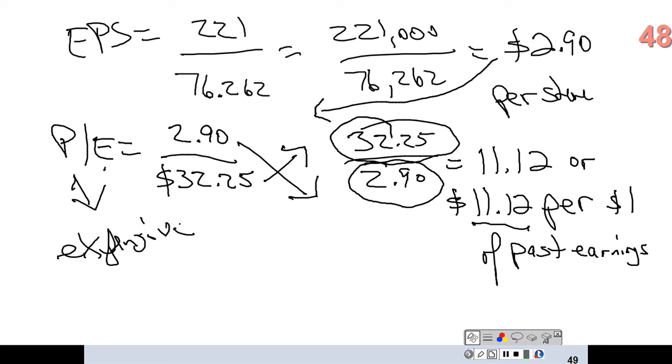But if I take the earnings of this stock, which in this case is $2.90 per share, and I take the market price, and I work through this, I'm finding that I'm paying $11.12 per $1 of past earnings. Now, this really depends on the market and what's happening, but typically, if the PE ratio is less than or equal to 15, normally that would be considered an inexpensive stock.